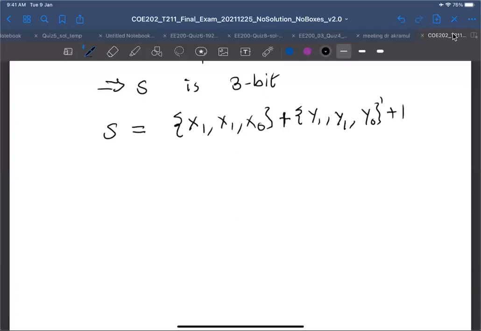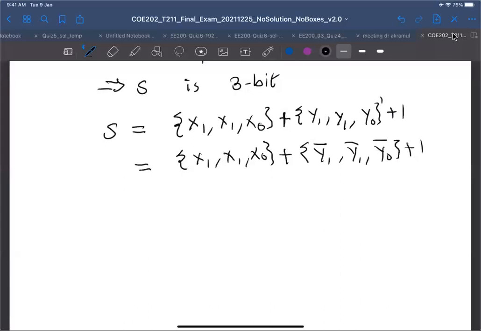So this is going to be X1, X1, X0 added with Y1 complement, Y1 complement, Y0 complement, plus 1.